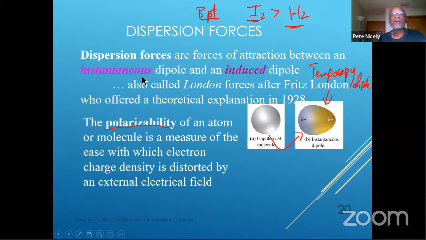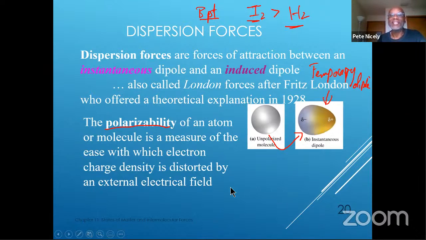So dispersion forces are the forces that exist as a result of induced dipoles that are instantaneous, right? As shown here, this is the unpolarized molecule. In an instant, it can form a dipole, because of the constant movement of electrons. So at one instant, you may have a separation of charge where one end is negative and the other end is positive.